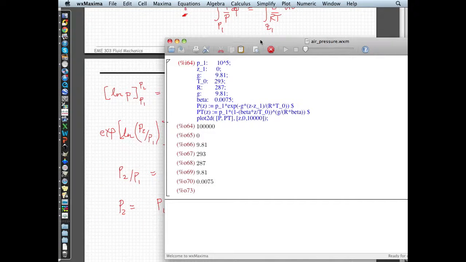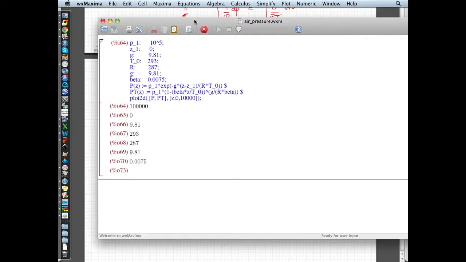And this is just free software. It's called Maxima. It's equivalent to MATLAB, but it's just downloadable. So let's do the calculation if we go up to the top of Mount Everest. P1 is atmospheric pressure at sea level, 10 to the 5 pascals. Z1 is sea level elevation. g is 9.8 meters per second squared.